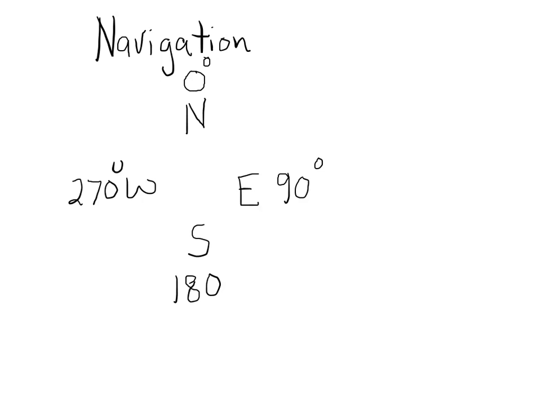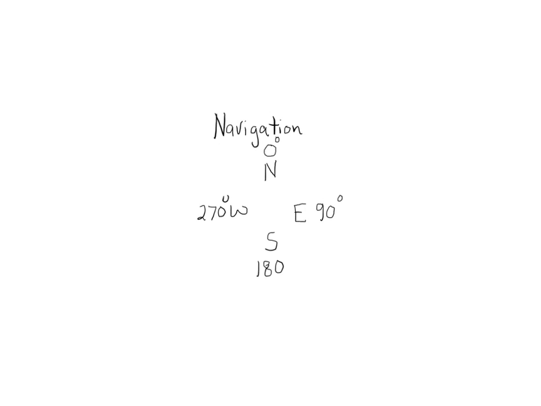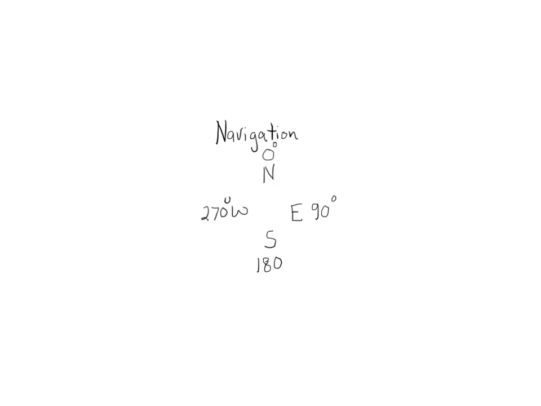So if we put this on a coordinate system, let's get a grid here. I'll change colors. We're going to have a grid, and you'll have to pretend those are exactly 90 degrees from each other. 0 is north.